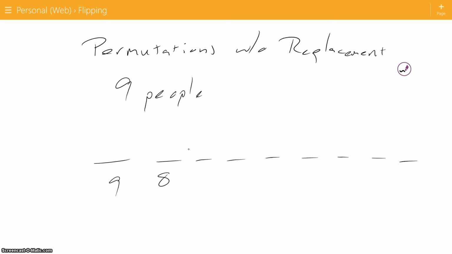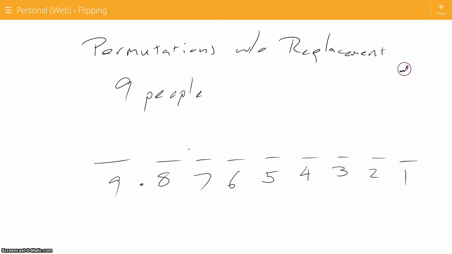I only have 8. And then I've used another one, so that now I've got 7 that I can put in this third spot in the line. So similarly, it's going to continue on down the line, where I keep losing one person that I could put in for the next spot because they've been used. I put them into the previous spot.